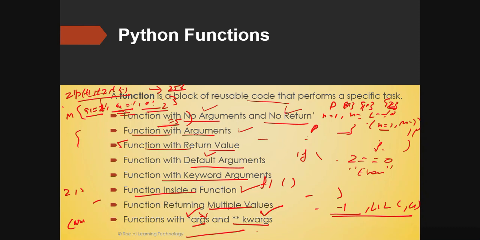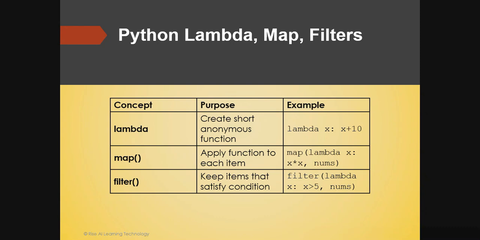Okay, fine. Now we are moving to our next chapter, which is Python lambda, map, and filters. Lambda, we have heard of these anonymous functions in other programming languages also. They don't have any name, but they do some functionality. The syntax is lambda, followed by whatever operation you want to do.